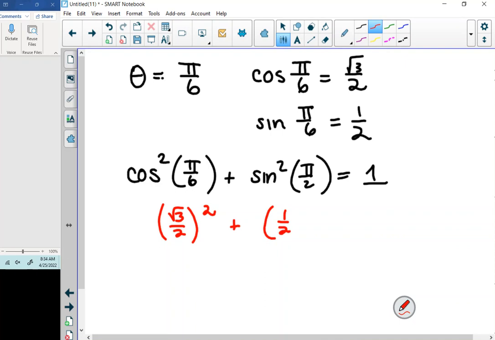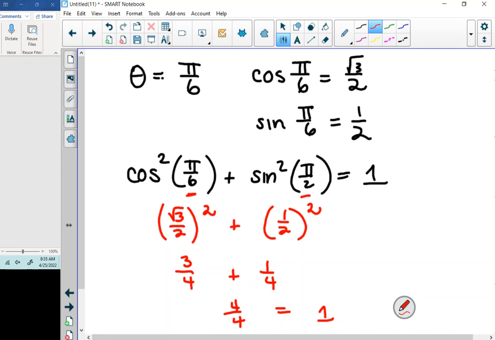And you can check that over and over again with different angles, and it'll work. Square root of 3 over 2 squared is 3 over 4. 1/2 squared is 1 over 4. 4 over 4 is 1. Any angle you put in there, as long as you use the exact same angle.